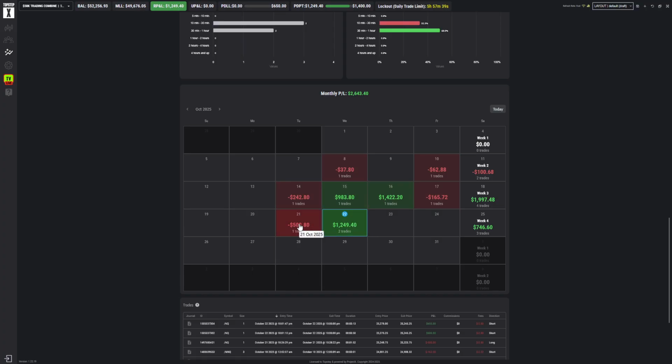So yesterday, if you have watched my live stream, I took a long initially and it was stopped out, because for TopStep I gave myself a 1 trade per day lockout, so I couldn't recover on the second setup for TopStep, so I just had to take that losing trade and end the day. Today, even though it says 2 trades, it's actually 1 trade, but with 2 contracts with different entries.